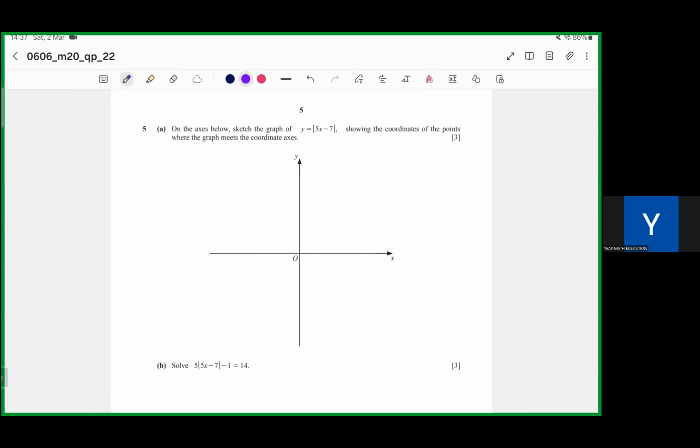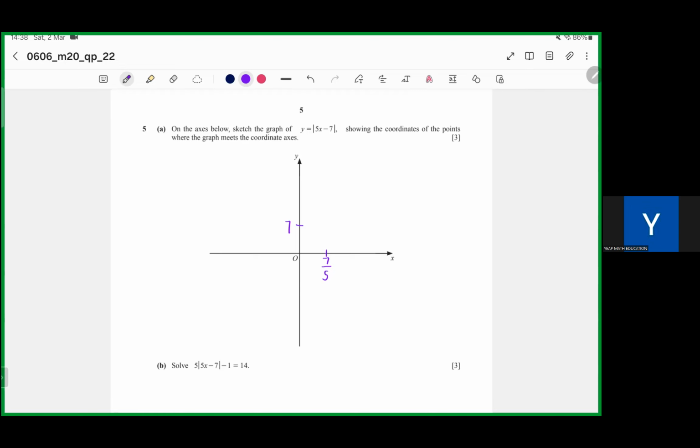Okay, as we know, where is the x-intercept and y-intercept here? Actually I know it is 7 over 5, and then here is 7. Okay, y, as we know, 5x minus 7 equals to 0, so we can put this value into here, so we get 0.